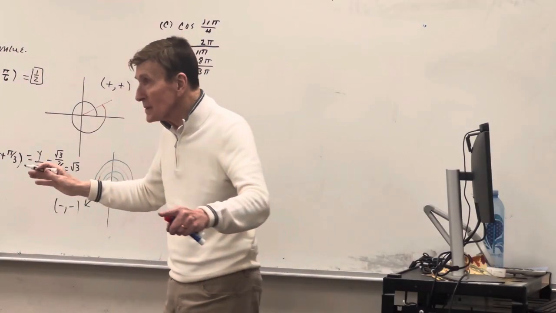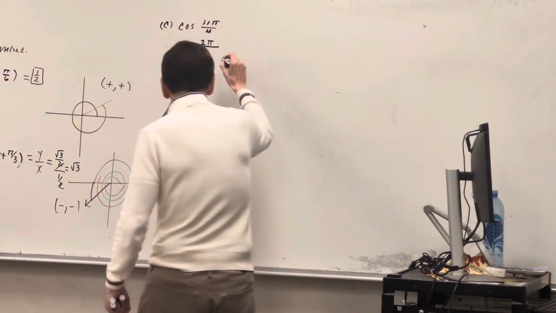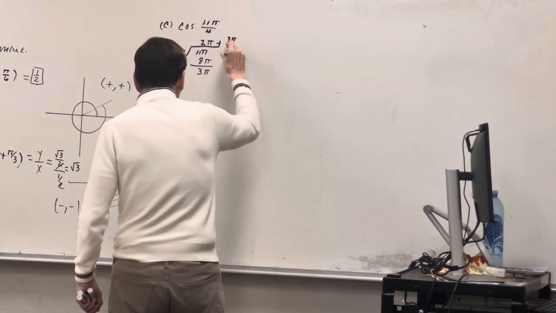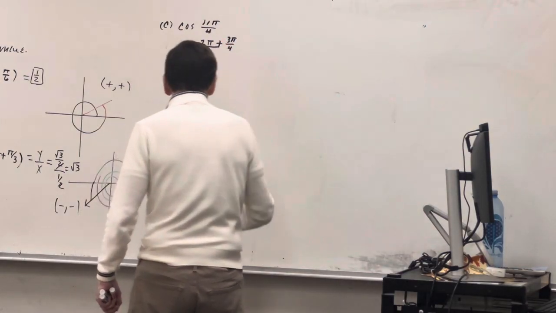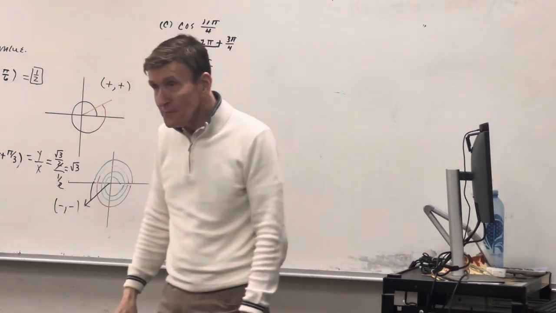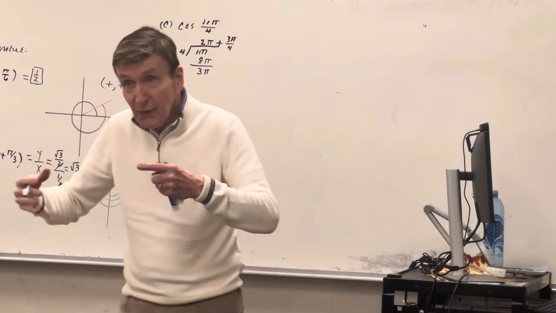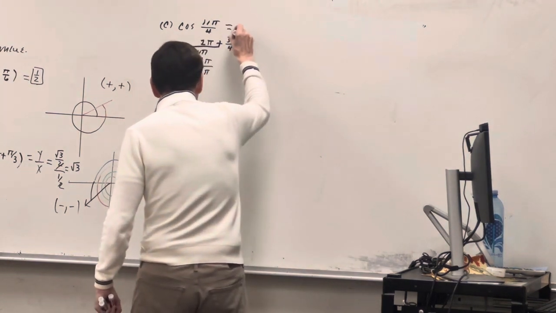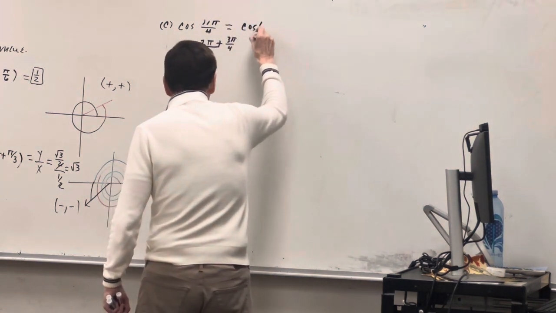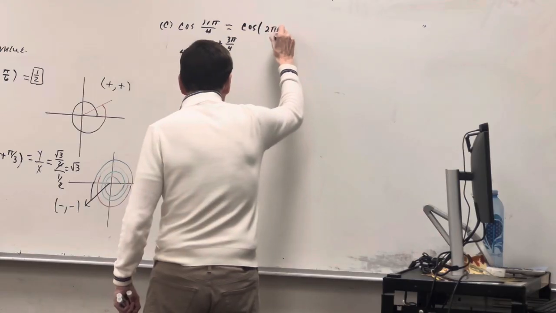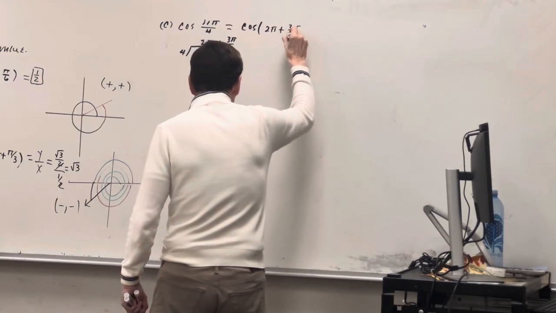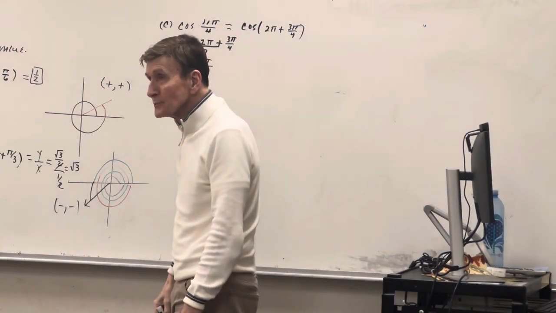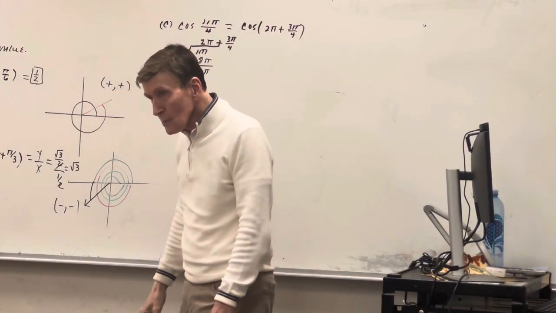So I'm looking at 2 pi plus 3 pi over 4. You guys agree? Is that another way to think of 11 pi over 4? So this can now be thought of as cosine of 2 pi plus 3 pi over 4. Yes or no?